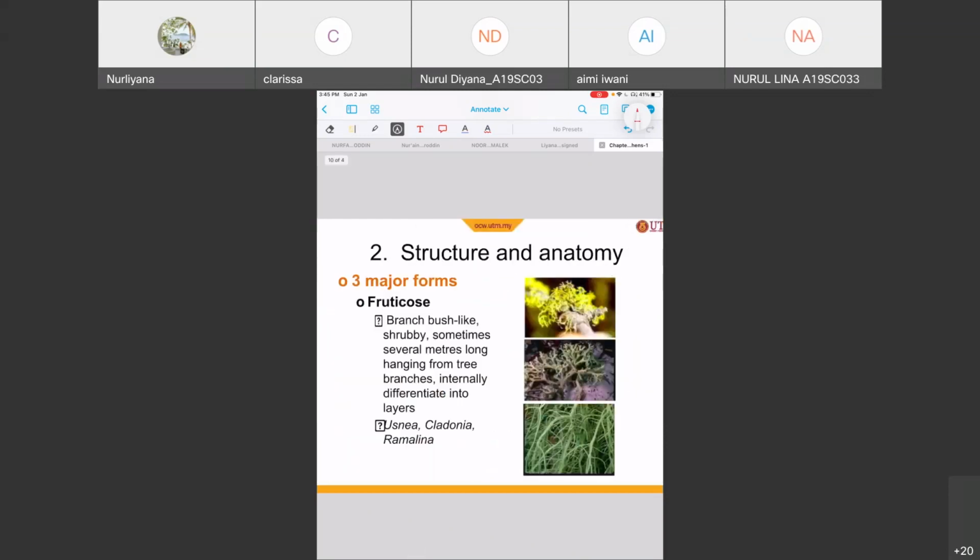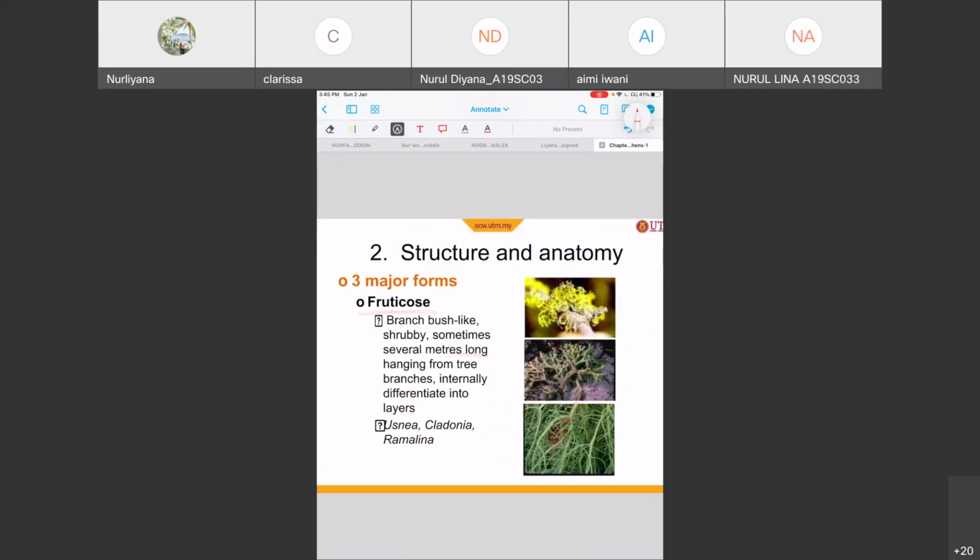And the third one is fruticose. Fruticose is branch-like or bush-like. It's shrubby and sometimes several meters long. So fruticose has a longer appearance of stem. Okay, this is the stem.